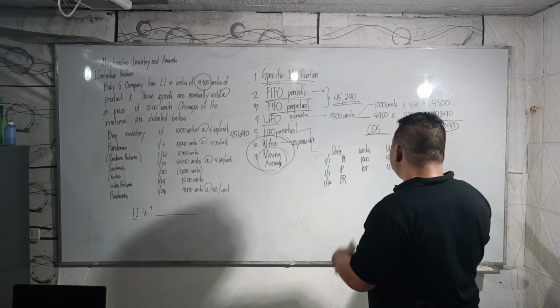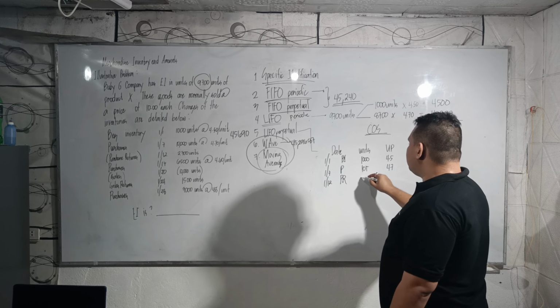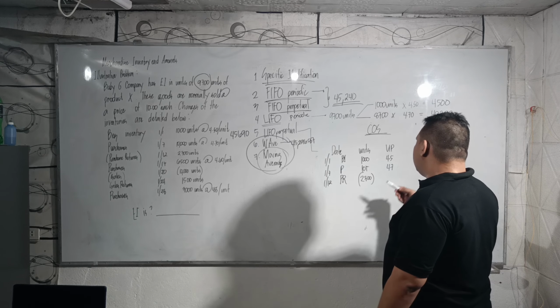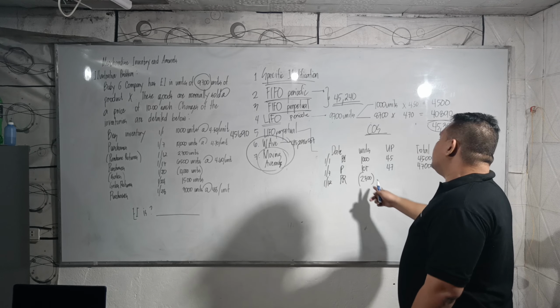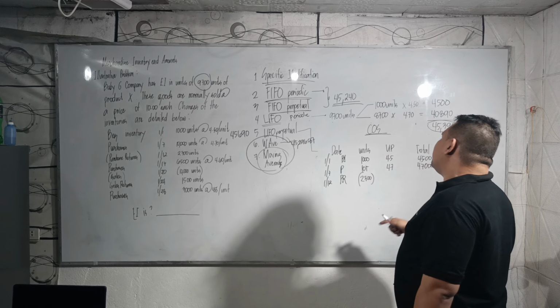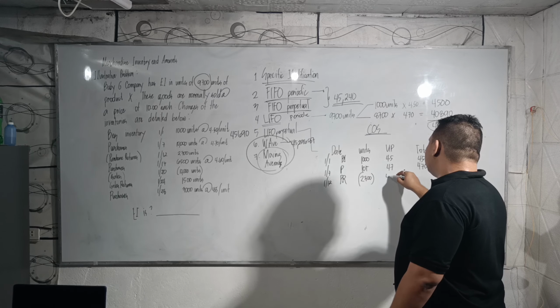So you can go on. There's no averaging yet. Okay? So you have 2,300. However, this is a deduction. And then again, logic will tell you that this 2,300 that you have returned is coming from your latest purchase, which means it is coming from this group.